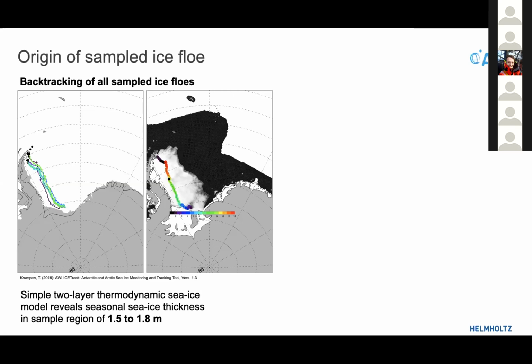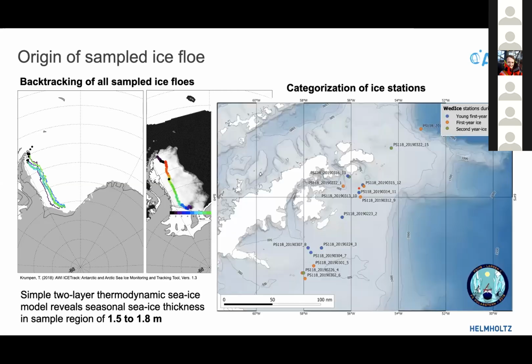However, this is not what we observed, because we had a range in sea ice thickness from about 0.6 to more than 3 meters. Therefore, we characterized all ice floes we sampled in categories: the really first year ice ranging between 1.5 and 1.8 meters, everything significantly below 1.5 meters as young first year ice, and everything above 1.8 meters as second year ice.